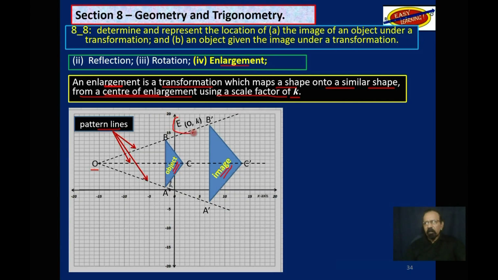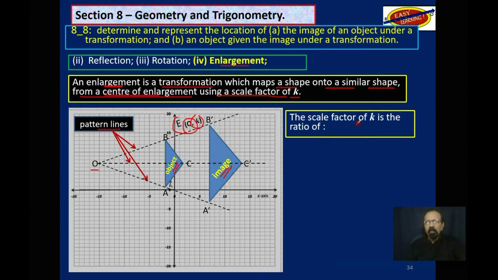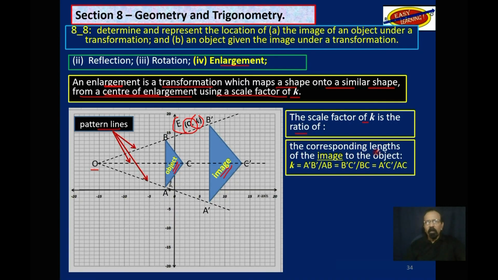So enlargement at O with a scale factor of k. Now, the scale factor of k is a ratio of the corresponding lengths of the image to the object. For example, we could take this length here to that length there.